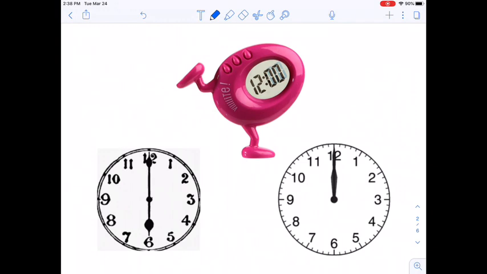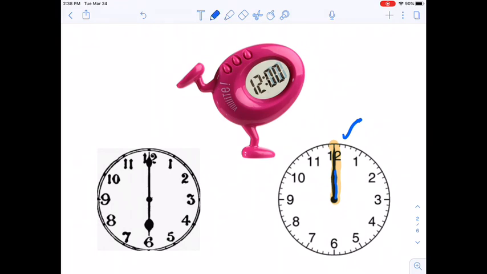So the long hand or the minute hand should also be pointing at the 12. 0 minutes have passed. Here's the shorthand. And then right behind it is the long hand. So you see both hands pointing straight up at the 12. That means it's 12 o'clock.